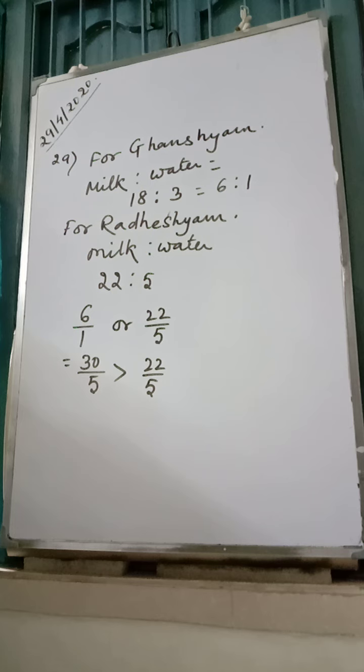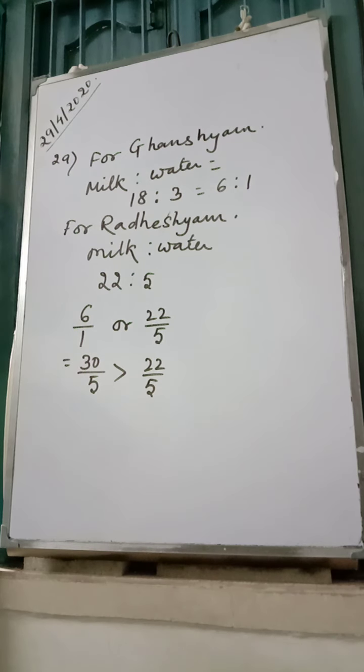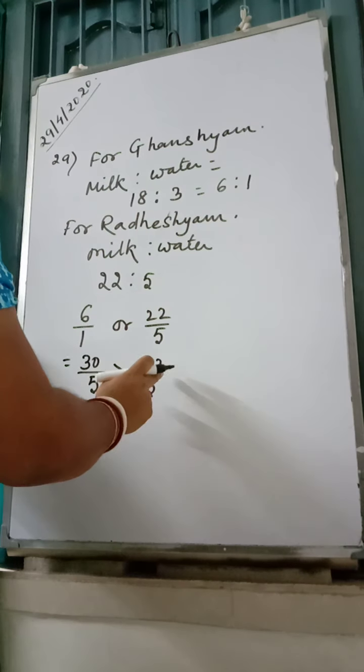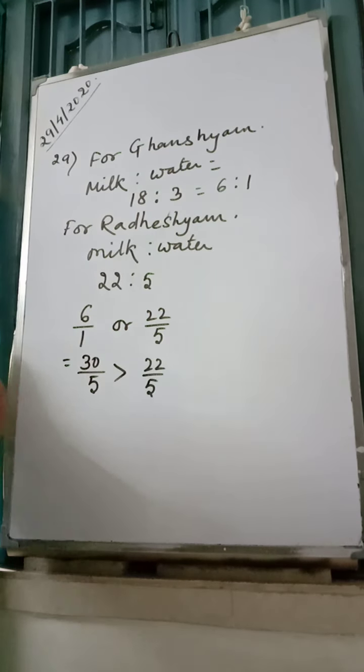Radheshyam is in 22 liter milk, he is adding 5 liter water, where Ghanshyam is adding in 30 liter milk, 5 liters of water. So who is adding more water? He is having less in 30 liters.